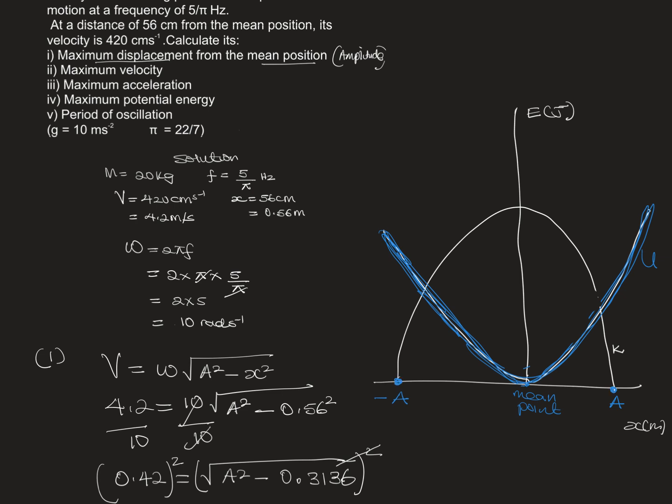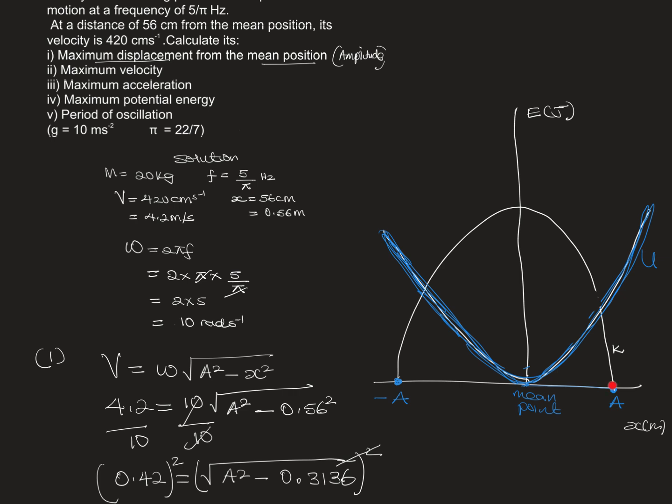Okay, and so we said that if you are moving from the amplitude towards the mean position or the mean point, what happens to the kinetic energy? The kinetic energy increases. You can analyze it like this: from the amplitude towards the mean point, if I follow the curve, the kinetic energy increases.